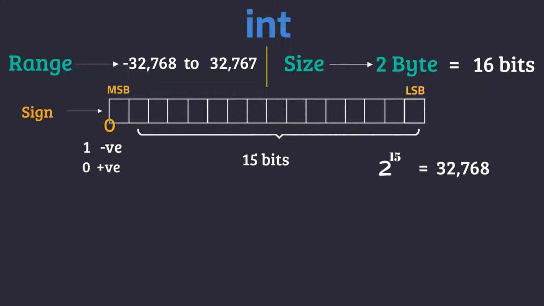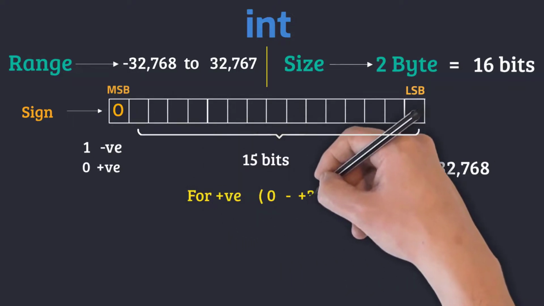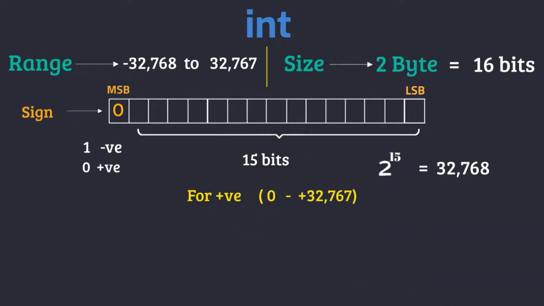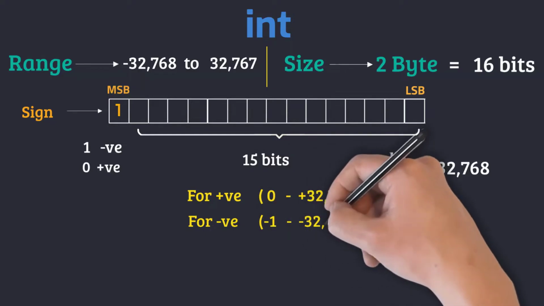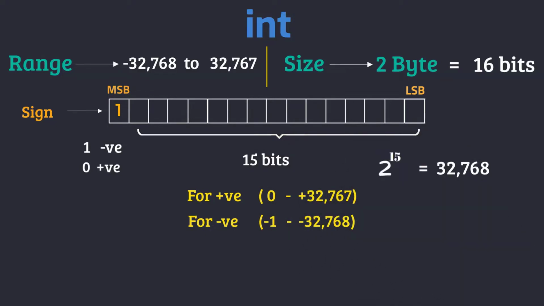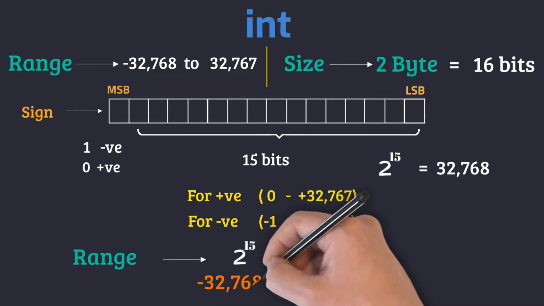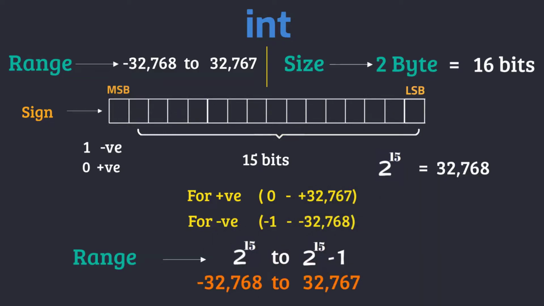By assigning MSB 0, the range to store numbers on the positive side would be 0 to 32,767. Whereas by assigning MSB 1, it would be -1 to -32,768 on the negative side. And the total range would become -32,768 to 32,767.